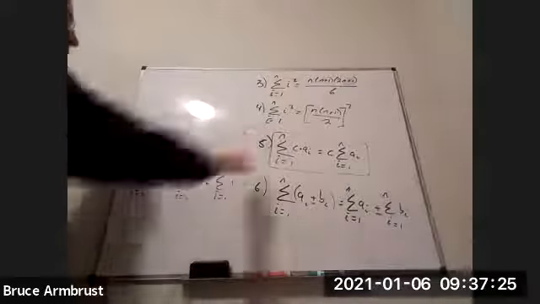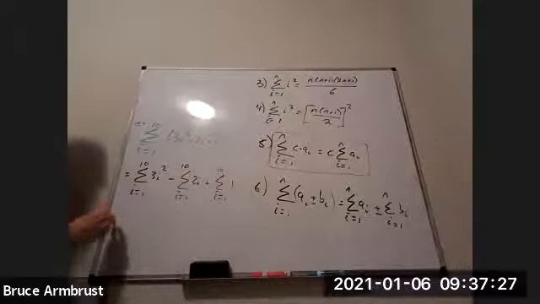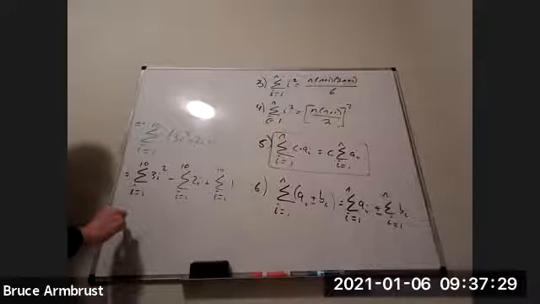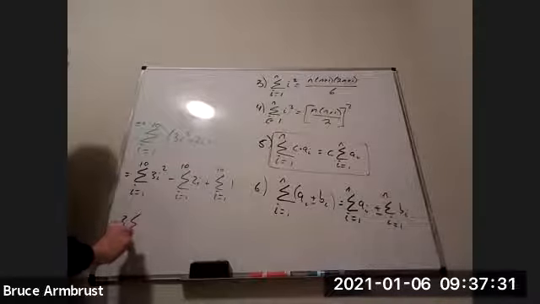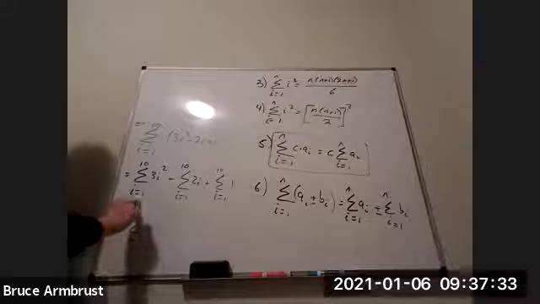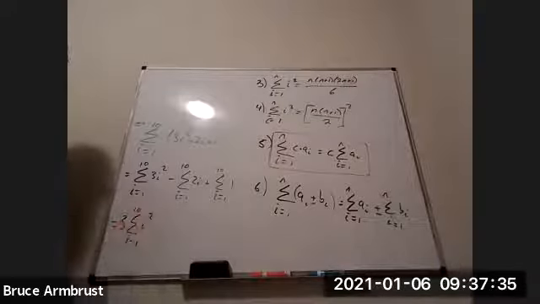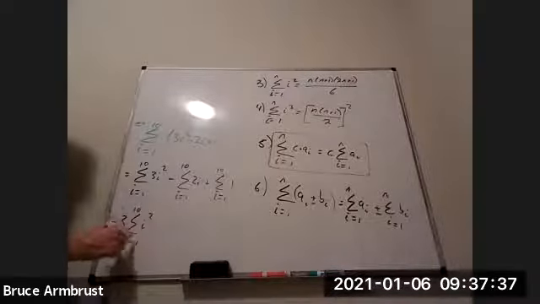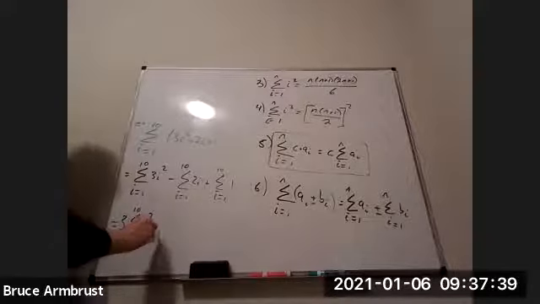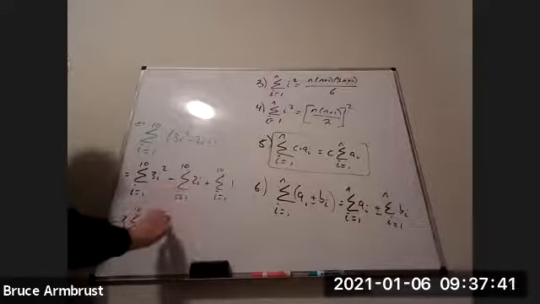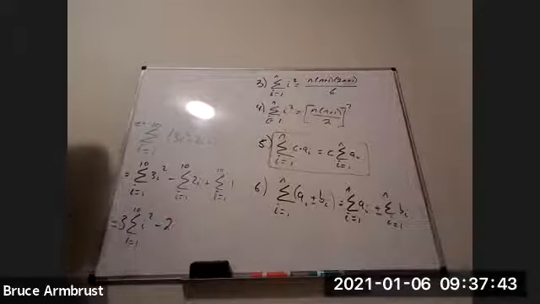Now, rule number 5 lets me do this. That 3 that's in this first one, I can pull that out front. So I have 3 times the sum of the i squareds. I can do the same thing with this 2 on the middle one. I can pull that out.